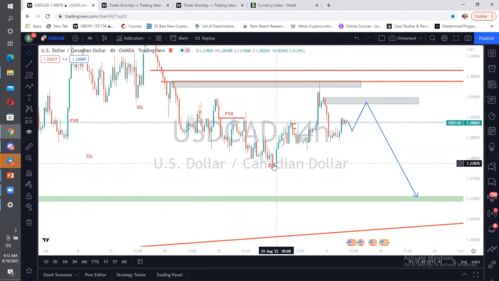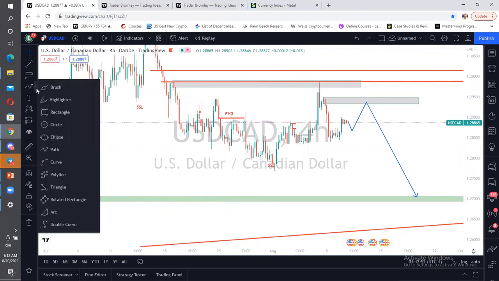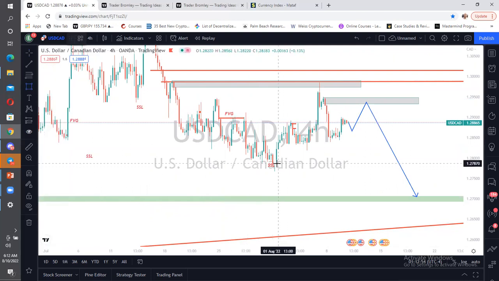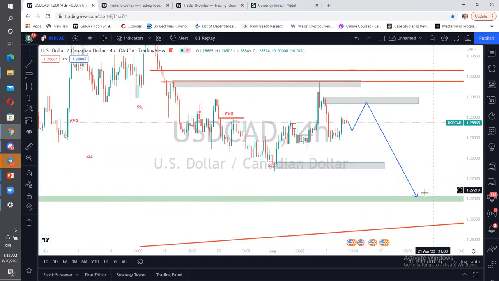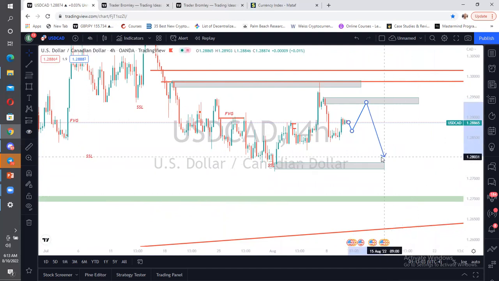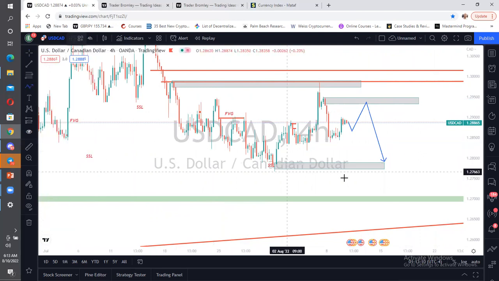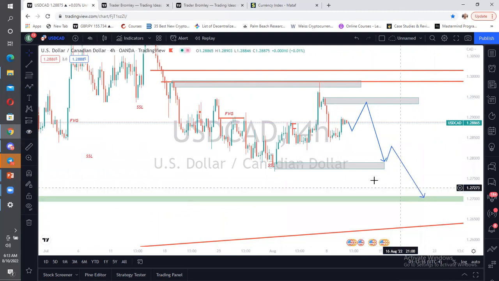Then don't forget we'll have a level here that we're also watching. So possibly when this market gets to this level here, it will still pull back to the upside, then flush down. So this is what I'm expecting to see from this particular pair.